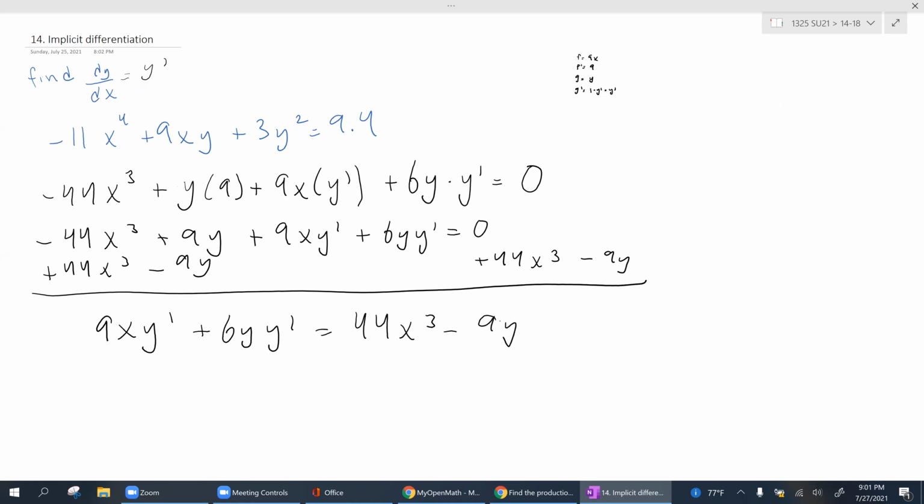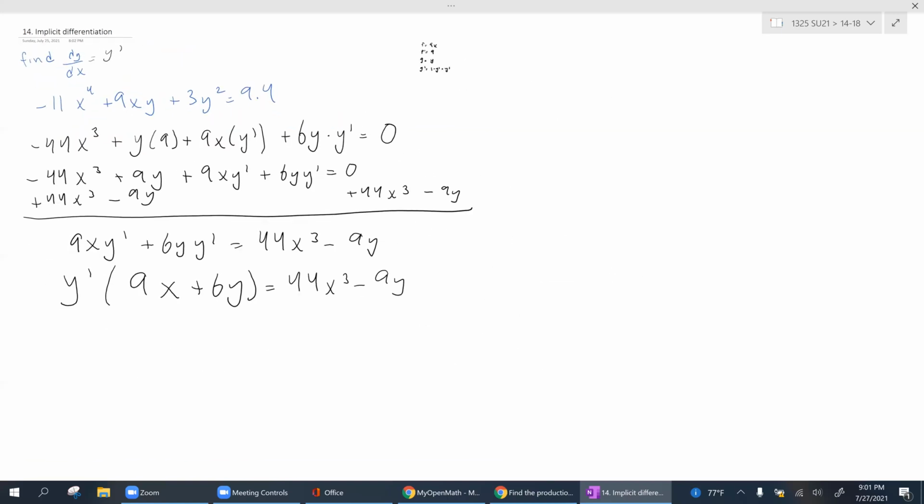What can I do now? I'm trying to solve for y prime. I see it's in both terms. So what you do here is you factor it. I'm left with y prime times 9x plus 6y is equal to 44x cubed minus 9y.